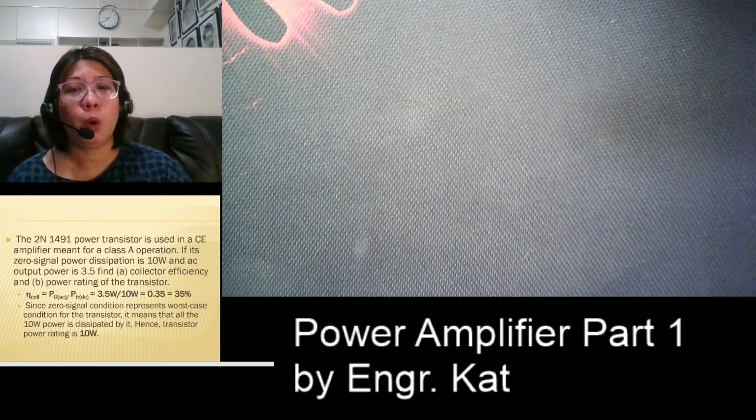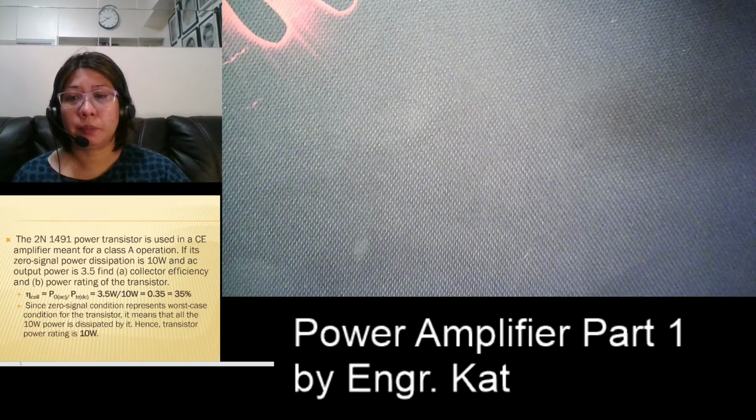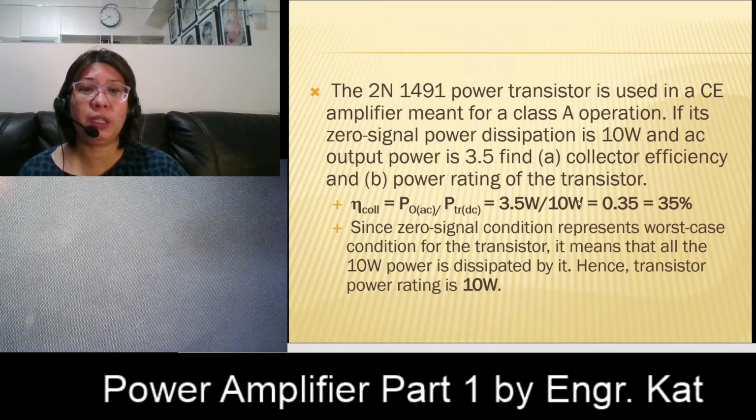In that case, we can solve for the collector efficiency as POAC, which is your AC output power, 3.5, divided by the power that was delivered to the transistor. So this is not the total input DC power. This is just the power that was delivered to the transistor.